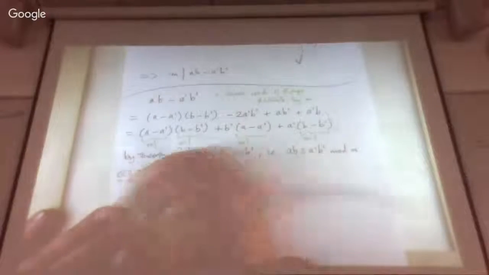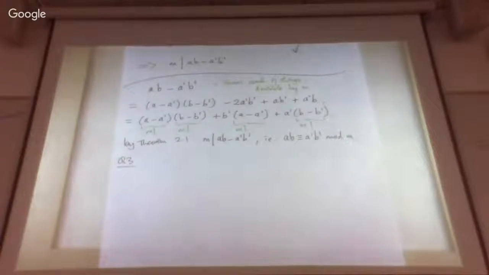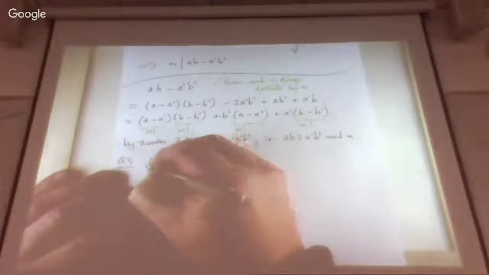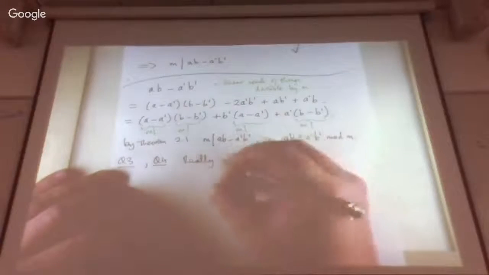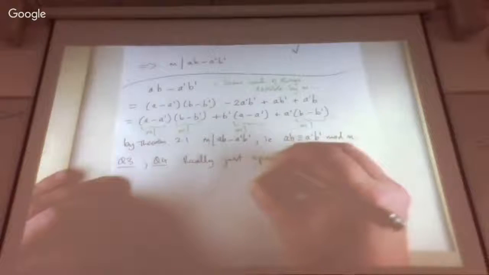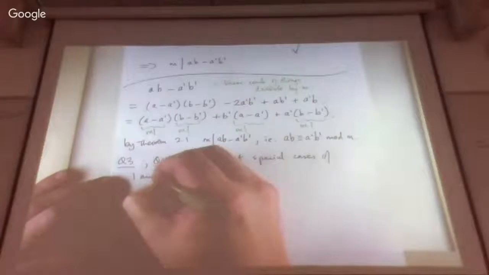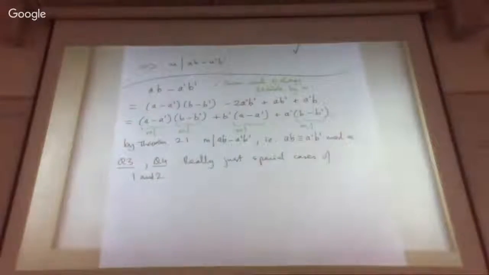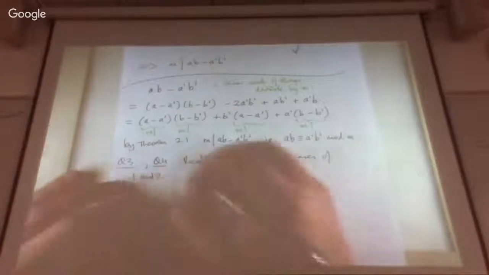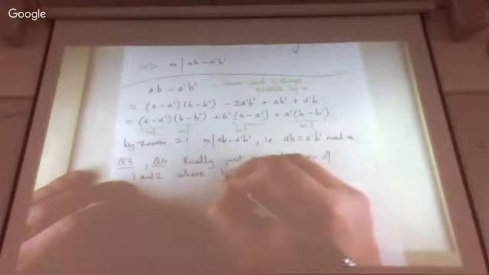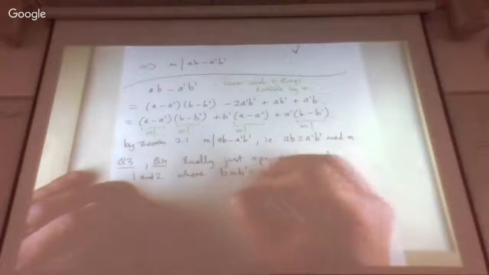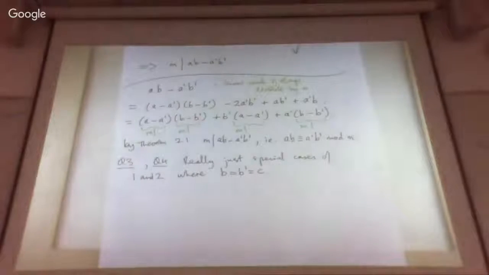Question 3. Well, question 3 and question 4, these are really just special cases of 1 and 2, where instead of a separate pair B and B prime, in both cases we use exactly the same integer for B and B prime.